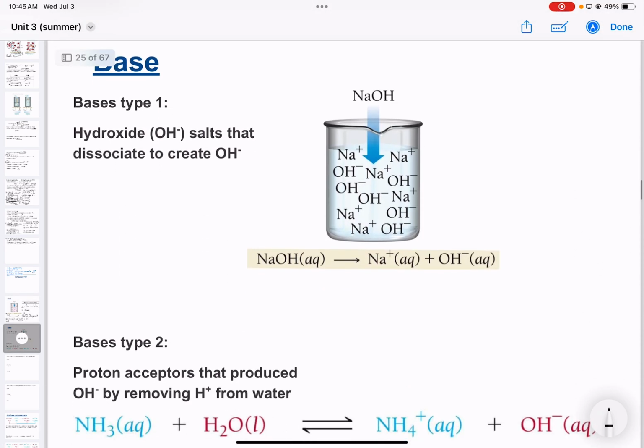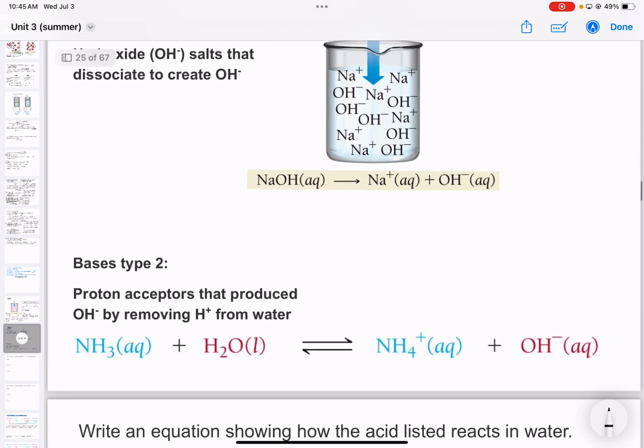All right, a base, there's kind of 2 different types. Let's actually talk about the second one that's listed first. So in this example, NH3 is a base, and they're the opposite of an acid in that they accept protons. So the acid gives away the proton and the base takes it.